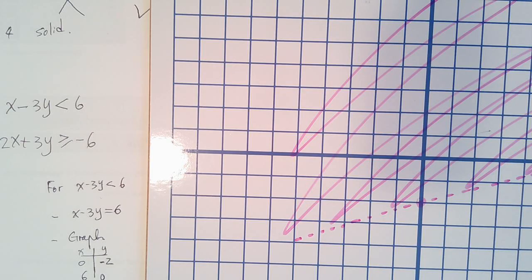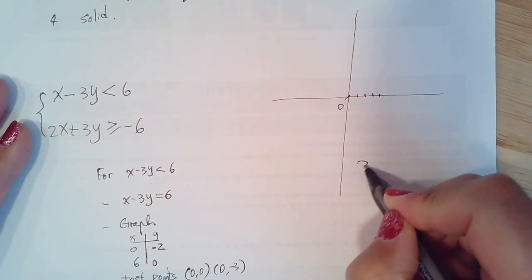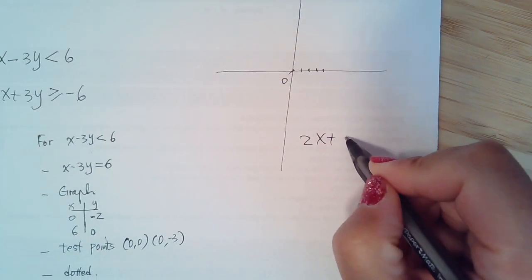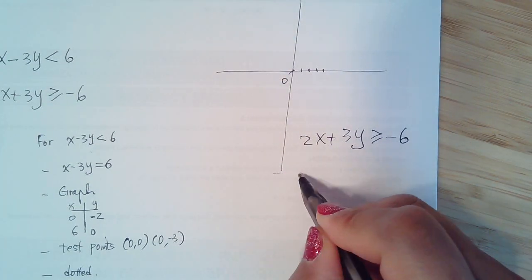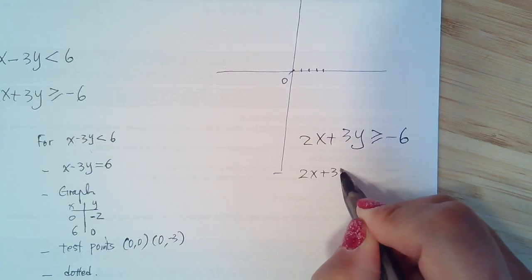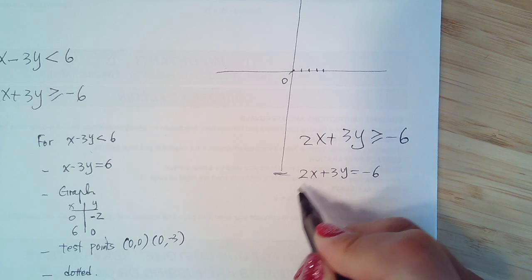I'm running out of space. All right, my second one is 2x plus 3y greater than or equal to negative 6. First step, 2x plus 3y equals negative 6. The second step, graph.